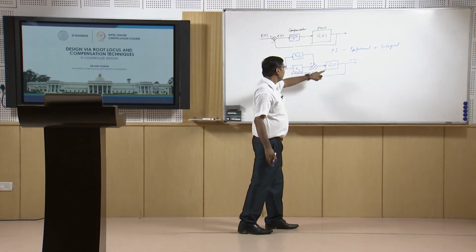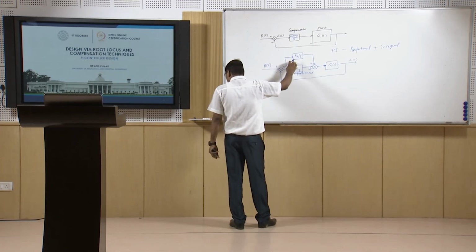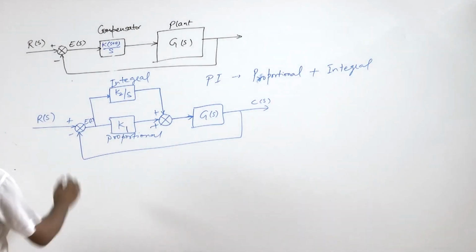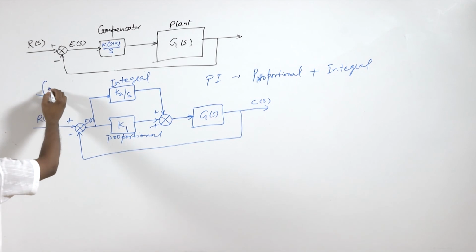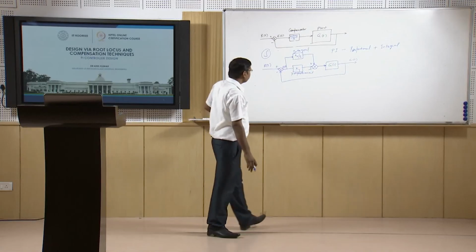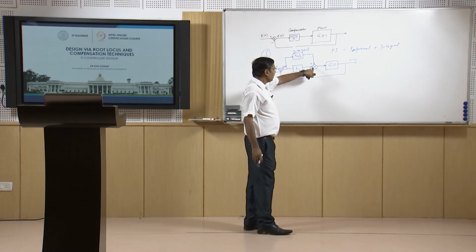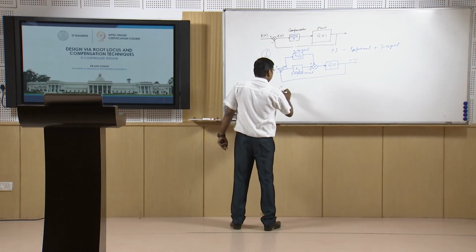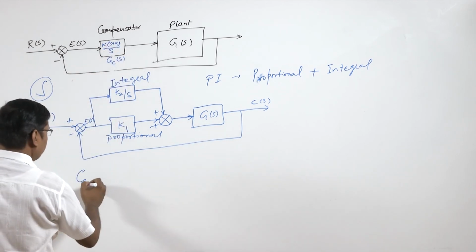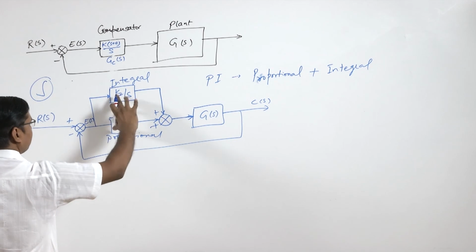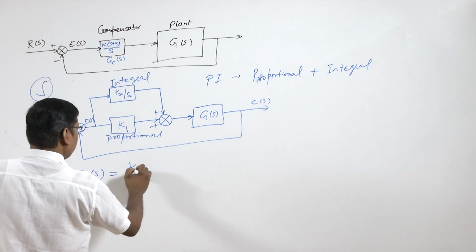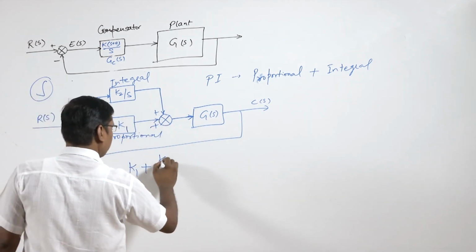So, gain K1 going here, then this is the integral, because here is an integrator, and this integrator we represent as a transfer function K2 by s, and therefore proportional plus integral is going to be summed. If this is G_C(s), then G_C(s), the equivalent of this proportional plus integral, is K1 plus K2 by s.